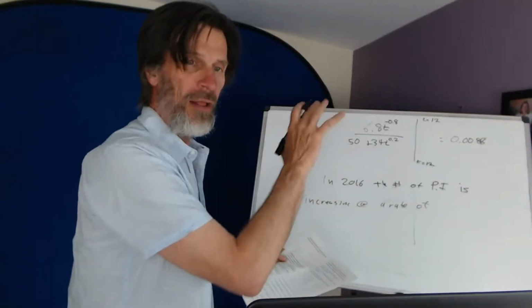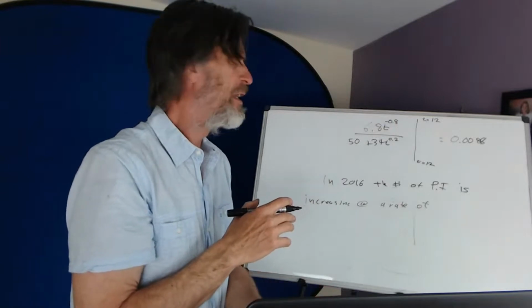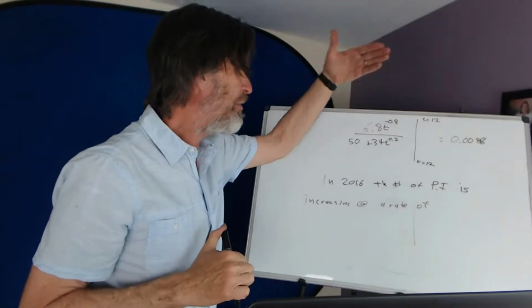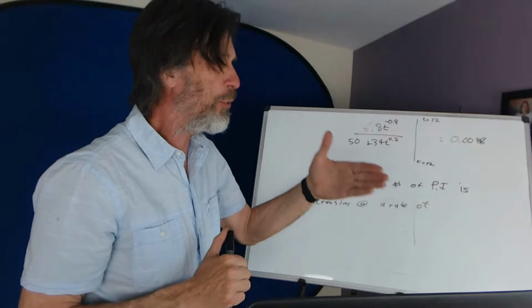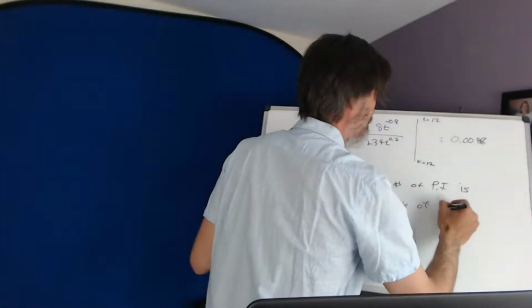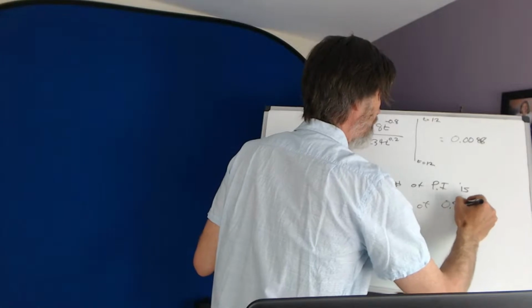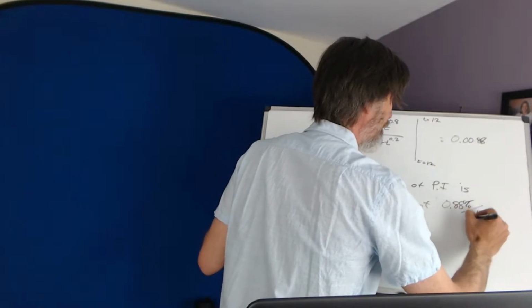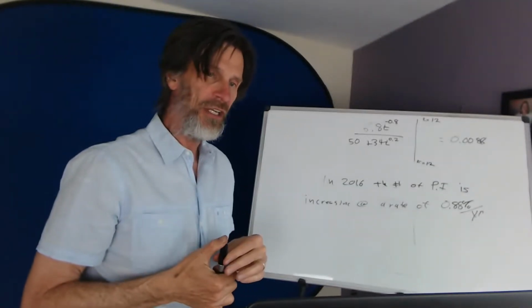Now here's where this is different from the straightforward derivative. The straightforward derivative would tell you how the number of PIs is changing per year. This is going to give us a percentage change, 0.88% per year. So not quite 1% per year, but close to it. And that's a fairly significant change.